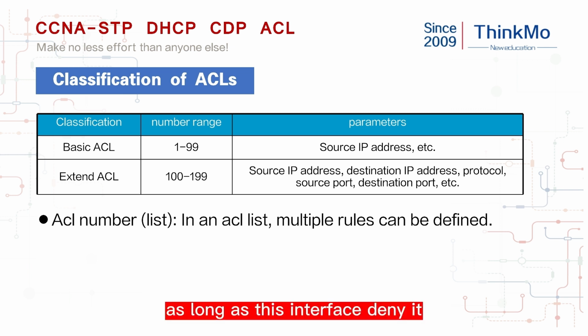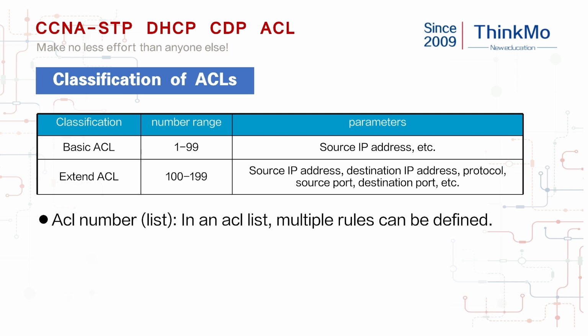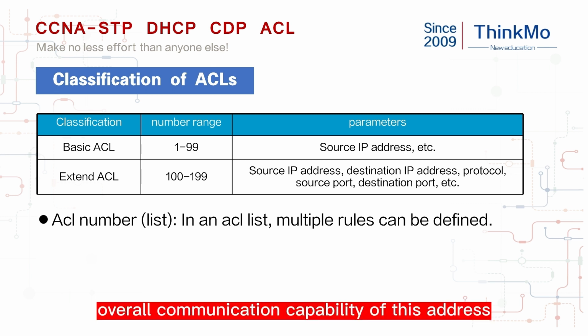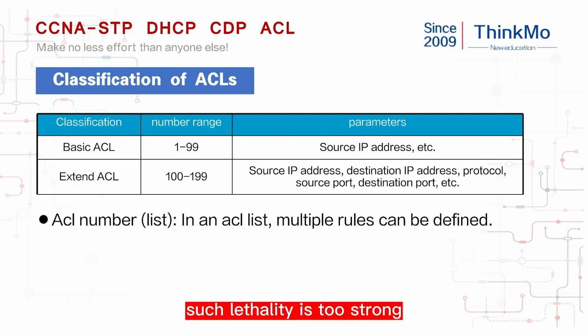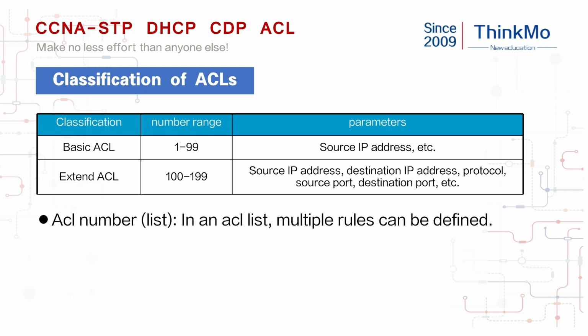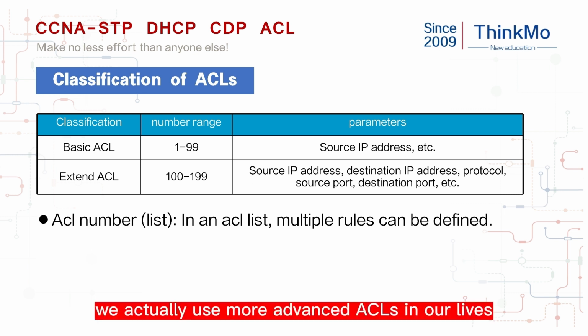As long as this interface denies it, it cannot access all network segments and services in the rear. So this is equivalent to directly limiting the overall communication capability of this address. Such lethality is too strong. So actually, we don't use a lot of basic ACLs. We actually use more advanced ACLs in our lives.